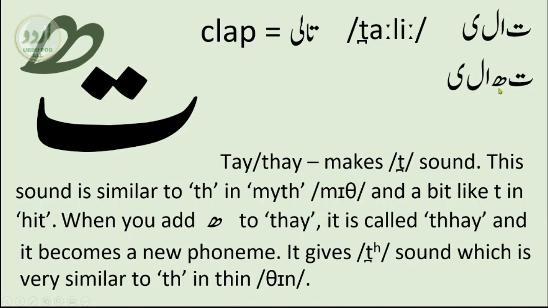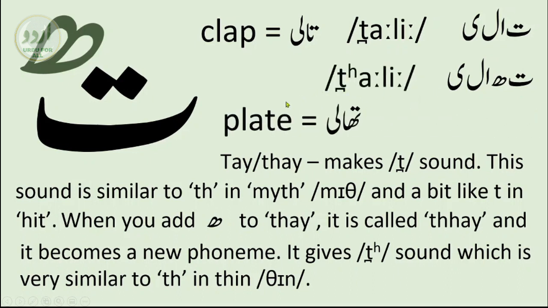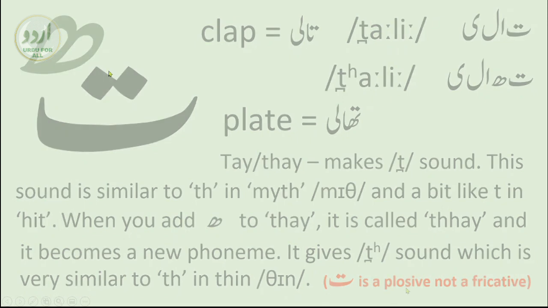The chashmi hai makes th, alif a, l, e makes thali, and thali means a plate. Now you need to remember that although I said it's similar to th sound, te is plosive. We are totally blocking the air before obviously letting it go.